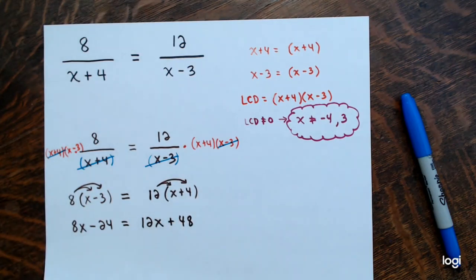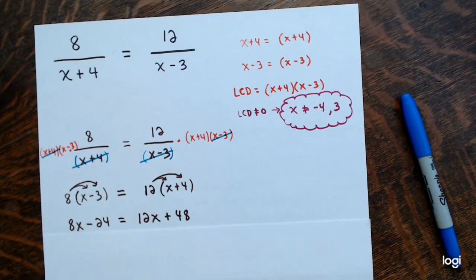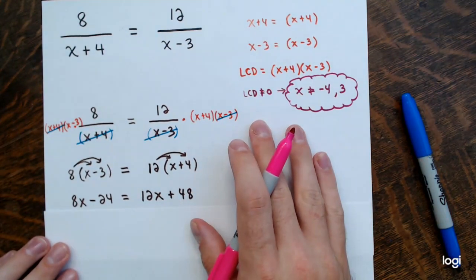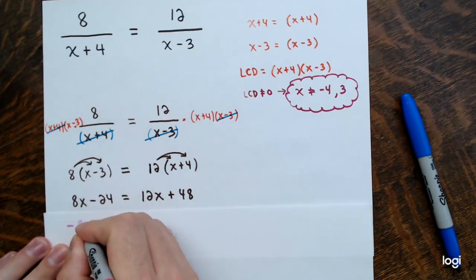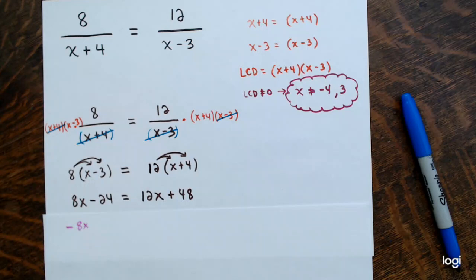And then I would take away, now me personally, I like having positive coefficients on the variables that I'm trying to solve for. So I'll subtract 8x from both sides. This is getting kind of faint, so time for the trash.